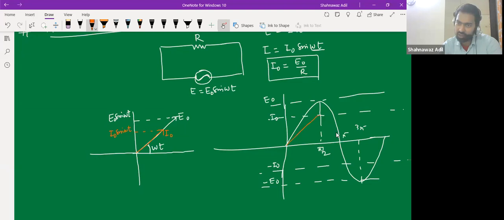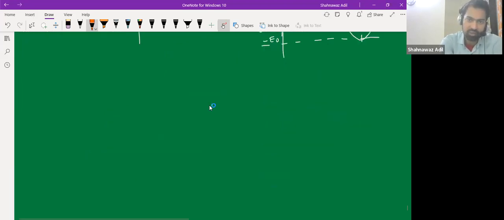This is the highest value. So this was the diagram of this resistive circuit. This we understood.